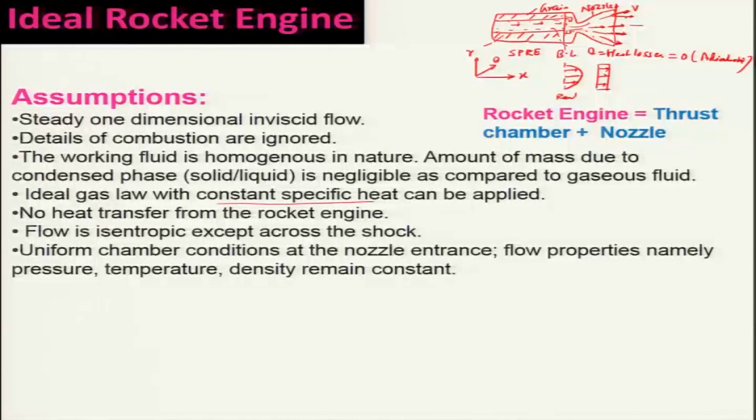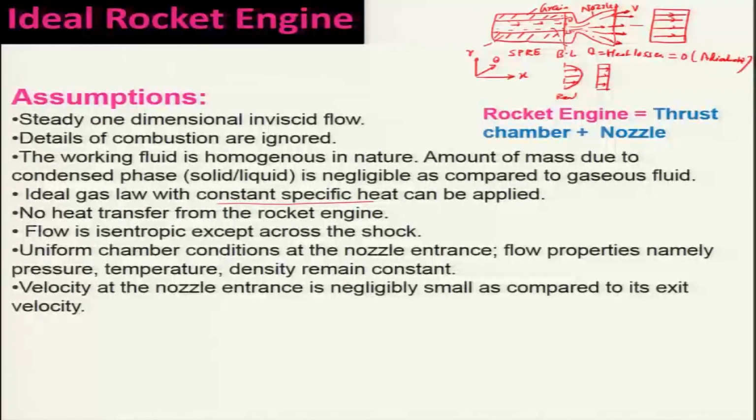At the exit of this flow, at this point I am just drawing here, that is a uniform flow. That is what we will be assuming. And the flow properties, namely pressure, temperature, density, remain constant at the nozzle entrance. But that is not true. Particularly velocity and temperature will all be changing along the radial direction, and also in the theta direction.